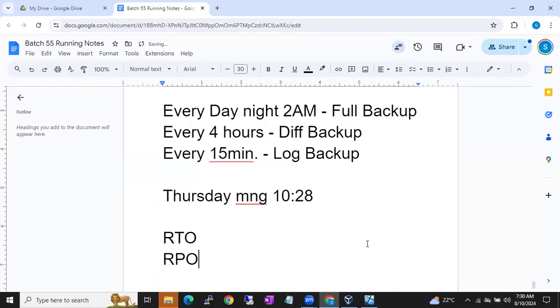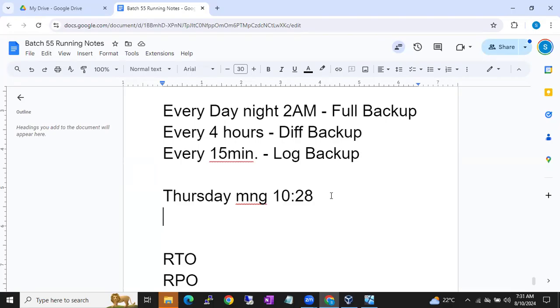Okay, so now type your answer in the chat quickly. How many full backups, differential backups, and log backups do I have to use to restore the data? Till point in time recovery. I don't want the exact time, but at least the maximum I can recover.